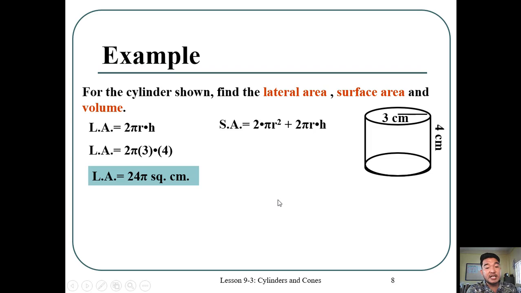And then for the surface area, of course, the lateral area does not include the bases. For the surface area, you will have 2 pi r squared plus 2 pi r times h.